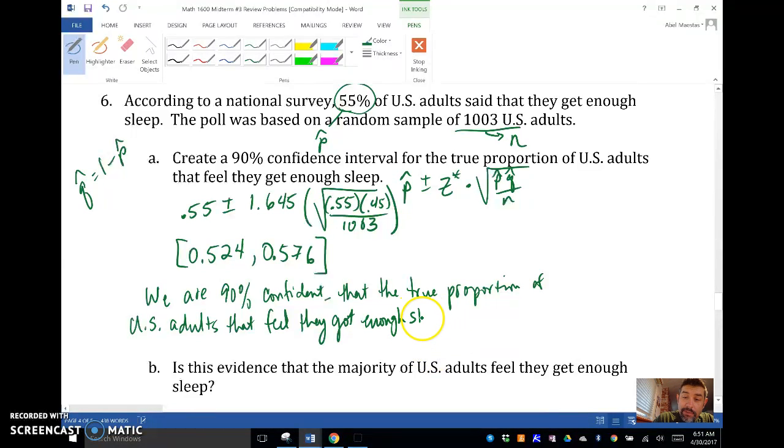Even in the morning I have chicken scratch here. Okay, so that is our statement for the confidence interval.